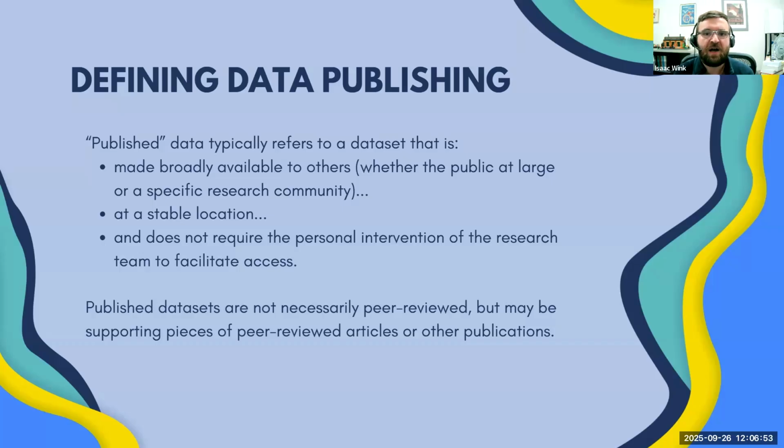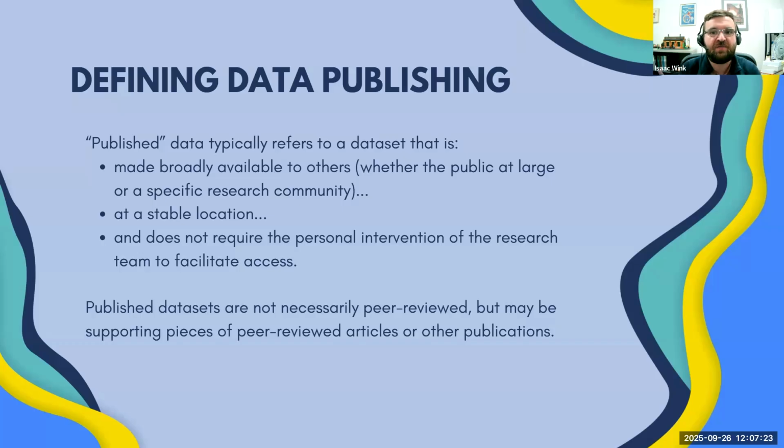And finally, a published data set shouldn't require the personal intervention of the research team in order to facilitate access. So you may have seen in data availability statements for articles that you've read, authors often put that their data will be made available to other researchers upon request to the authors. That is not something that we would consider published or even shared data because that data is not easily accessible to others.